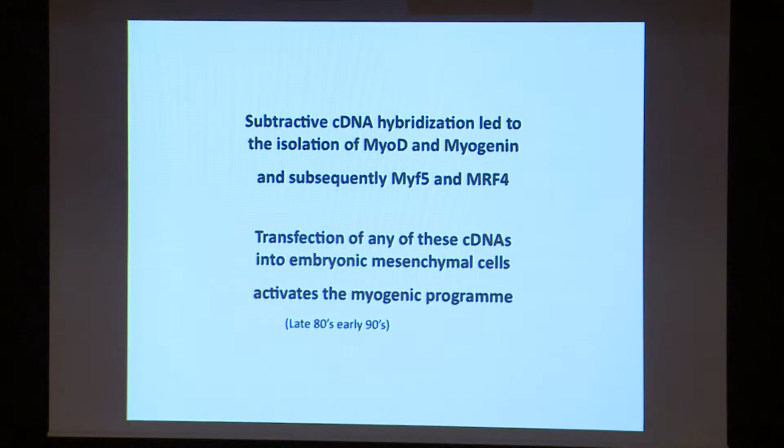So, yes, a very easy functional test: transfection of any of these cDNAs into embryonic cells, or fibroblasts, activates the myogenic program. Therefore, the situation seems simple. Still, I would like you to look at this proposition and this experiment; everyone in the room could do it today.